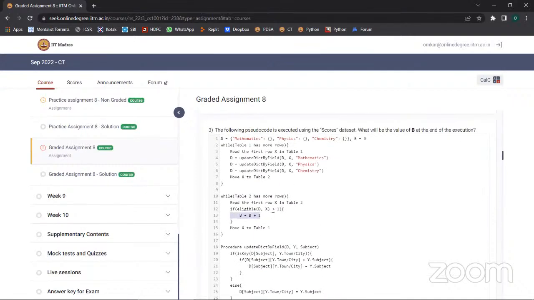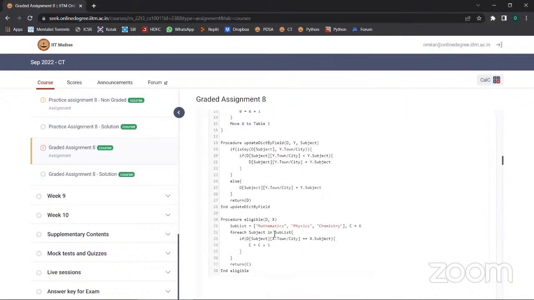Yeah. So this is where we are checking B, right? Yes, sir. So B is getting incremented here. We started B with 0. It will get incremented when eligible returns greater than 1. So eligible returns greater than 1. When will it return greater than 1?